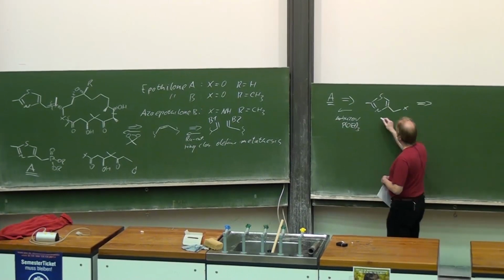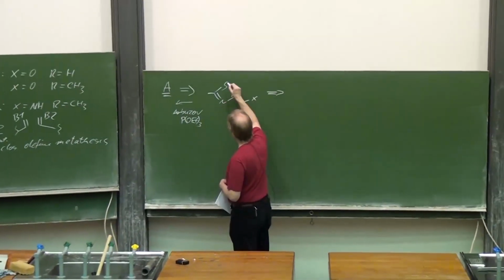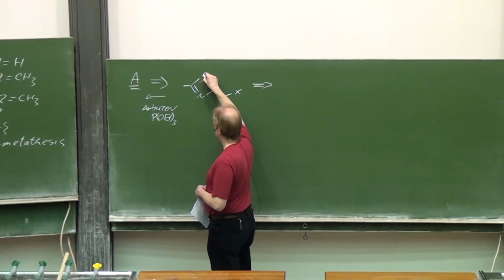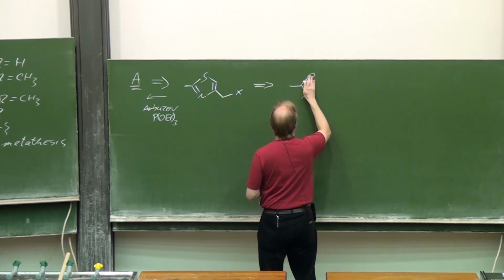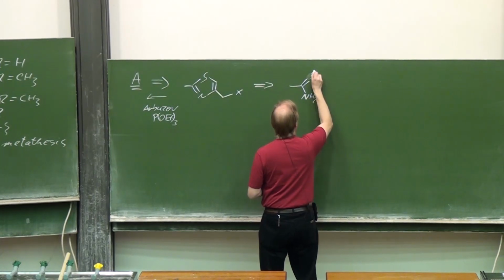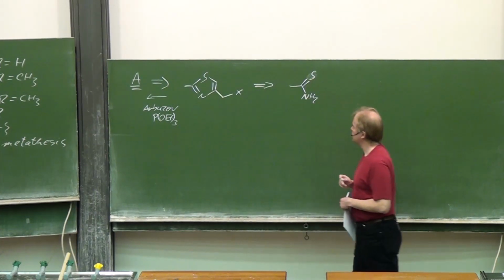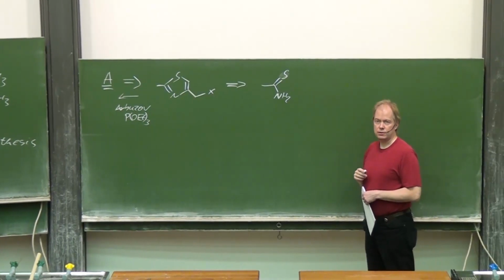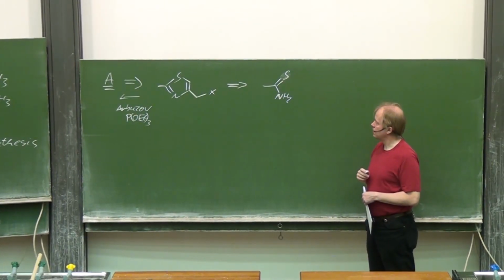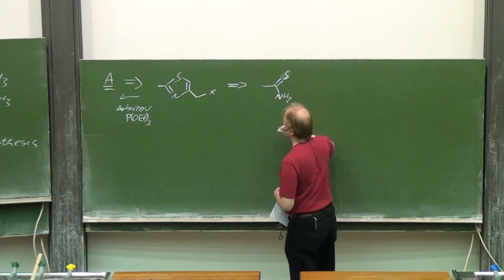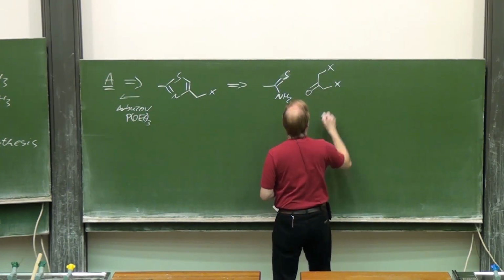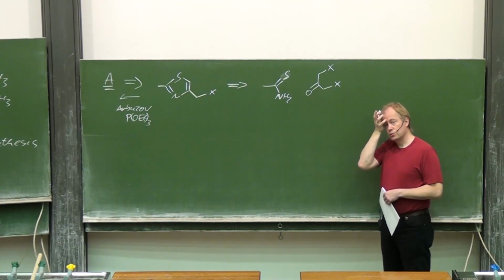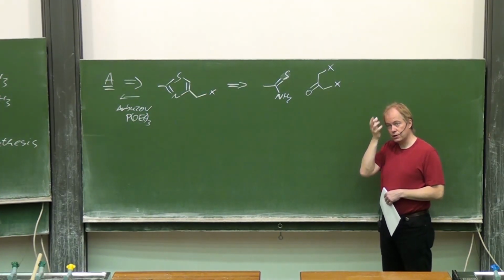So, let us assume that we have a nucleophilic nitrogen, a nucleophilic sulfur. Then we would just choose this thioacetamide as one component and this acetone derivative as the second one.